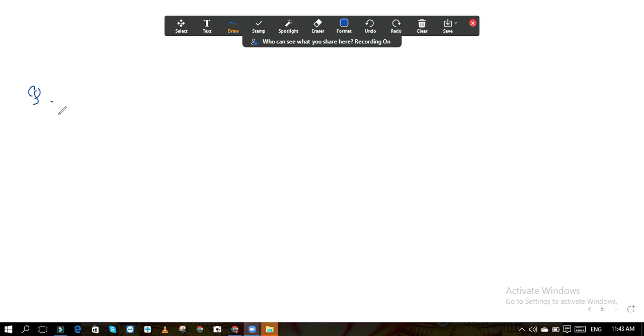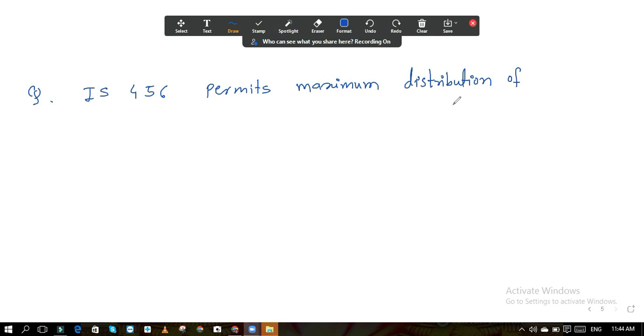Okay, so this is from IS 456 standard question. IS 456 permits the maximum distribution of dash dash of moments.